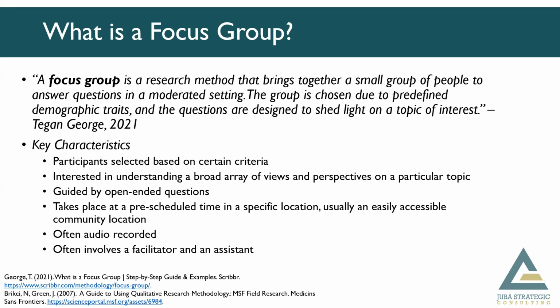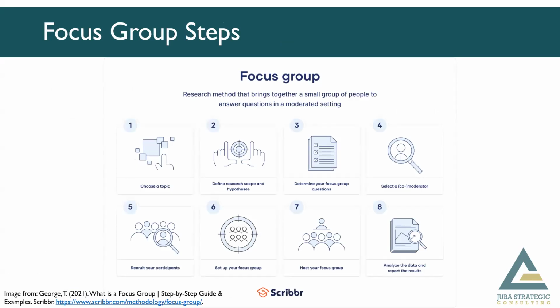Okay, before we get into the details of each of these, here's a broad overview of the general steps in conducting focus groups. During this training and subsequent trainings, we'll go through each of these steps in more detail, but this is helpful to get a picture of what the process will look like. Obviously, you start by choosing your research topic, defining the scope and hypotheses of your research.